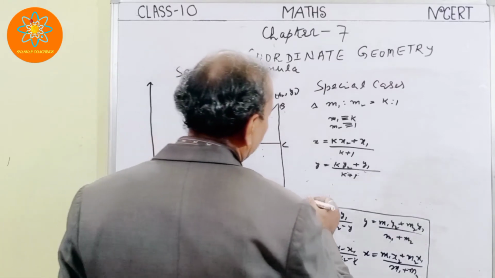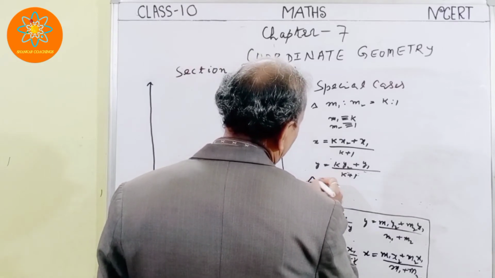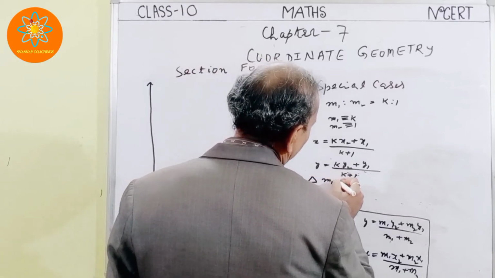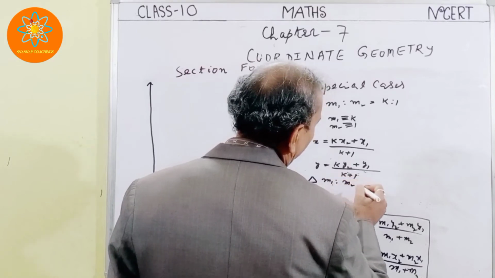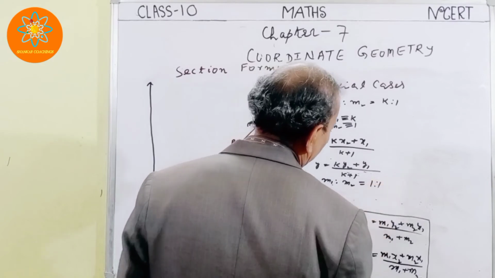Next, when M1 is to M2 is equal to 1 is to 1.